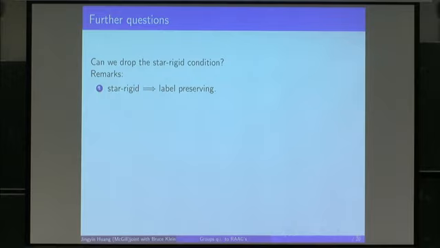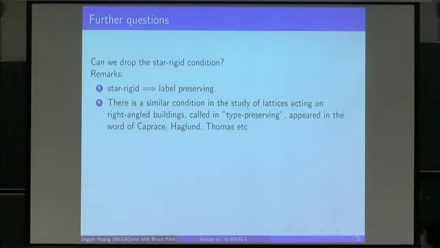Let me make some remarks about this star rigid condition. We already saw that we use this star rigid condition to deduce label preserving, and there's a similar condition in the study of lattices acting on right-angled buildings, which they call type preserving. If some of you know how to do some of the theory on right-angled buildings without type preserving, then that would perhaps be a way for me to generalize this theorem without the label preserving or star rigid condition.